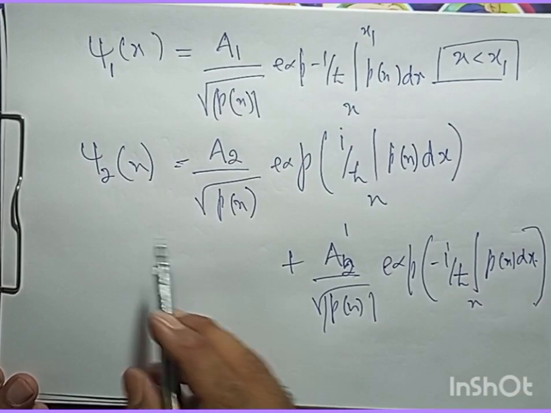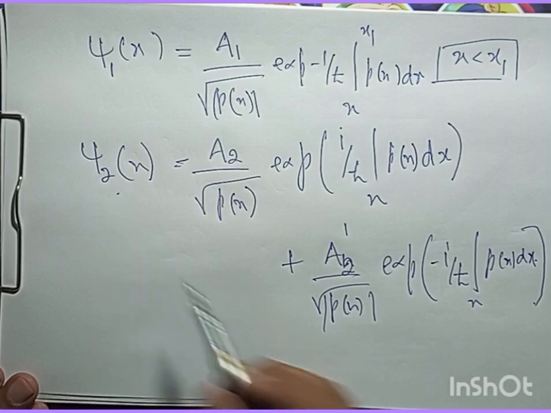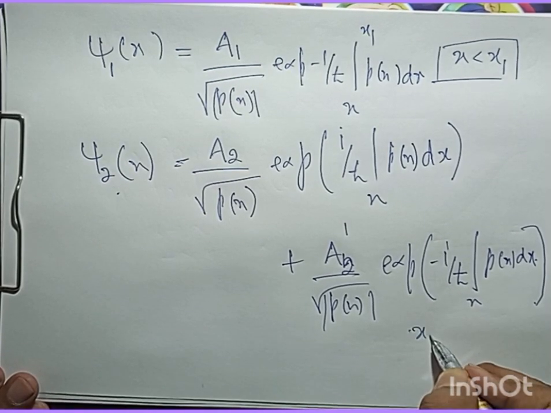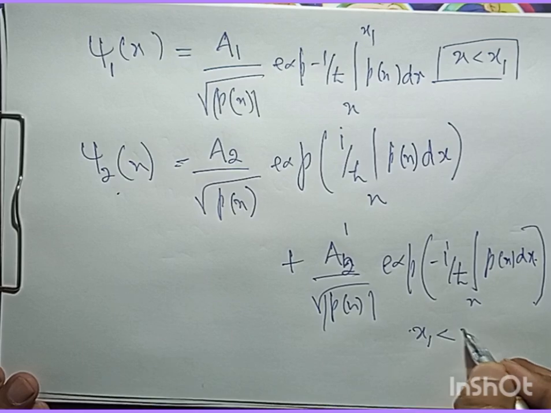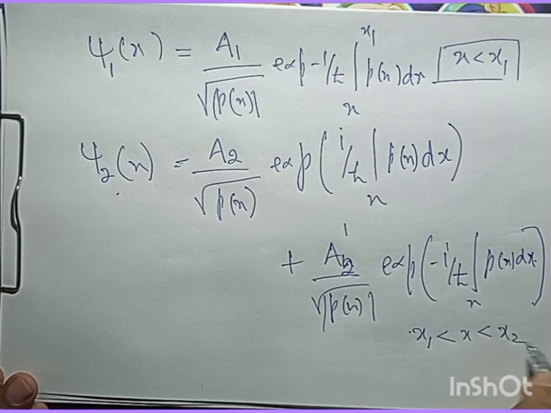So this will be my wave function in the region 2. The range of this region is x1 less than x less than x2.